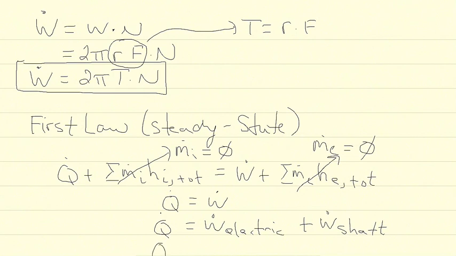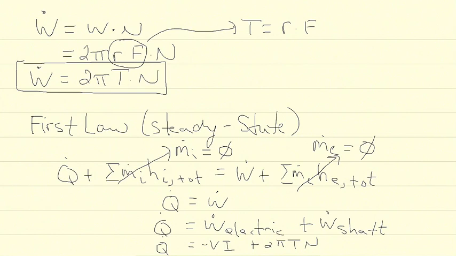We can say that Q dot is equal to the electric power, which is negative VI, plus the shaft power, which is 2 pi times the torque times the rotational speed N. So we can use the first law to determine what that heat transfer rate is, if that's something that's interesting for us.